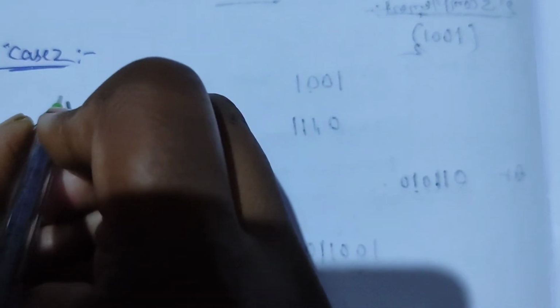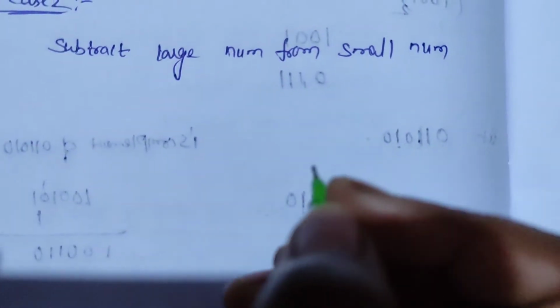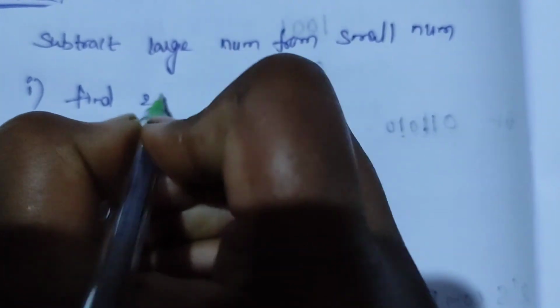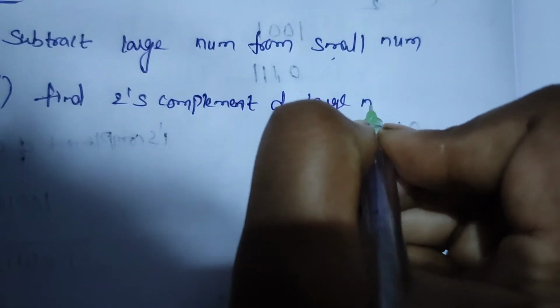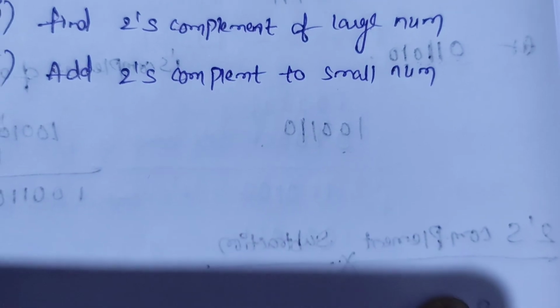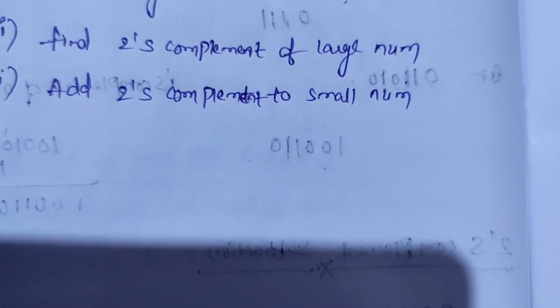Case 2: subtract a large number from a small number. Step 1 is to find the 2's complement of the large number. The second step is to add the 2's complement to the small number.